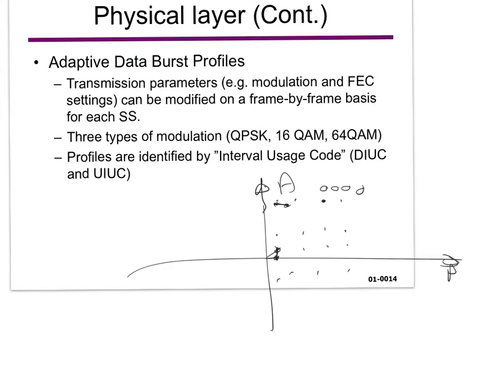So we'll have to repeat the job several times. So that's not good. That's why, if we use these adaptive data burst profiles, this will allow us per frame, okay? So at each frame, the physical layer is allowed to change not only the modulation level, but also the forward error correction scheme.